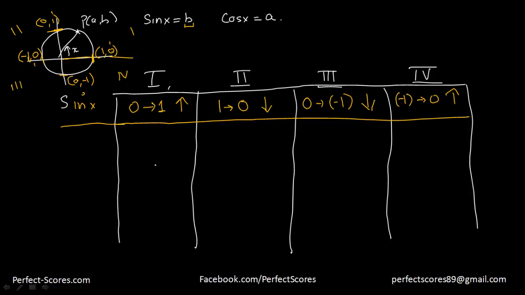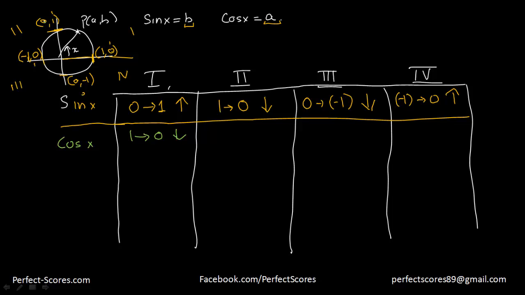Now let's understand how the cosine function behaves. That is going to happen from the value of a. Now the cosine of x is going to go from 1 all the way till 0 here. That means it's going to decrease.